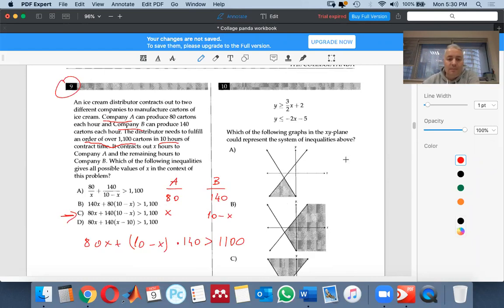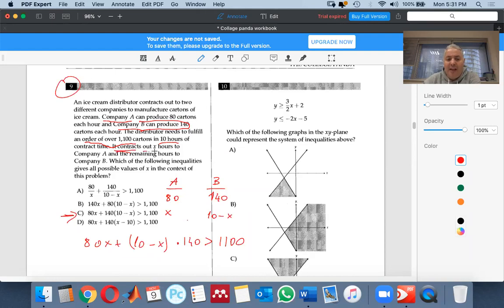So I didn't understand this 140. Let me look. B produces 140 cartons. Like in the answer when we use in C, for example, why 140 times 10? Let me tell you. How many hours? Be careful now.